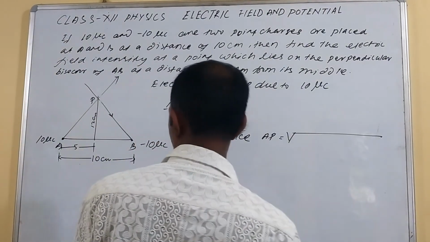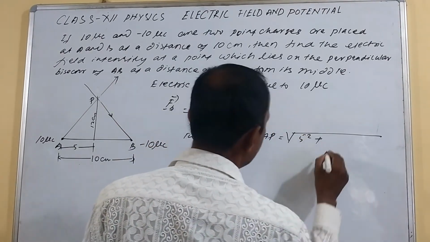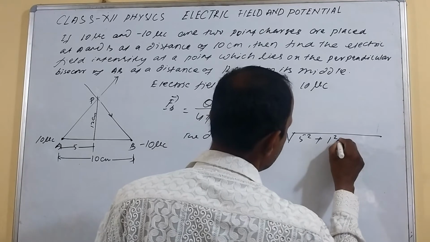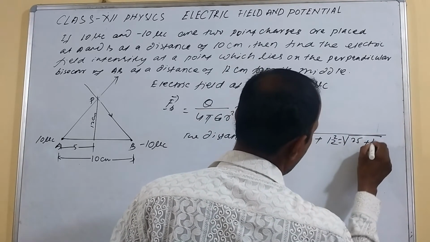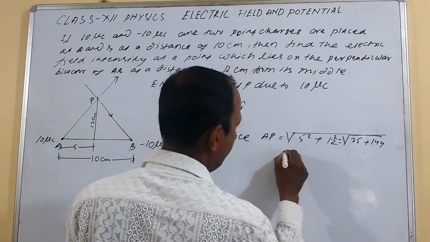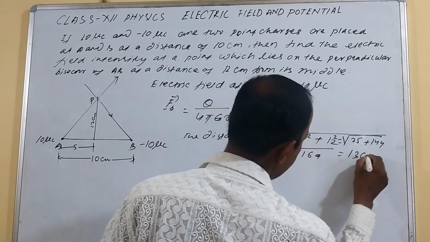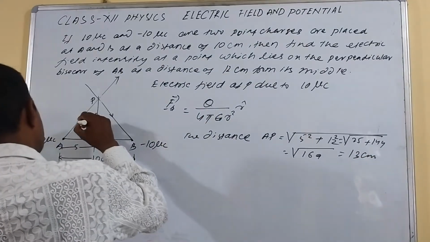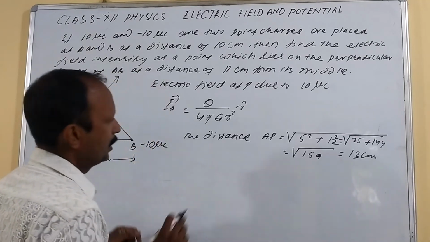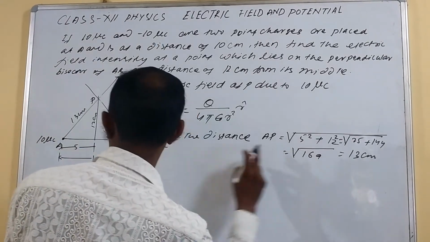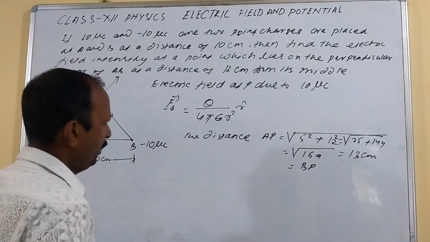So directly I am writing 5 square plus 12 square, which is equal to 25 plus 144. That means this is 169, means 13 centimeter. So the distance AP is equal to 13 centimeter. This is also equal to BP.